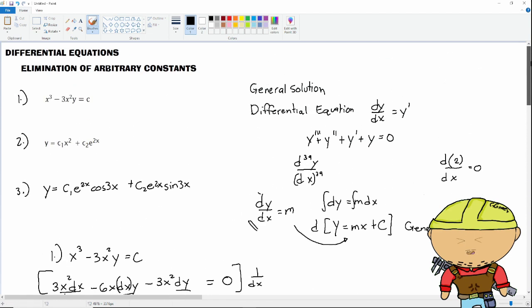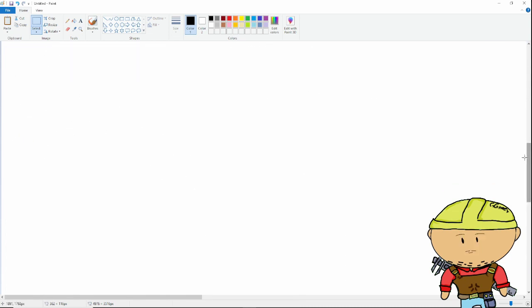For number 2, we have, let's copy this. Y is equal to C1 x squared plus C2 e to the 2x. Okay? So in eliminating arbitrary constants, the hint is how many arbitrary constants you have.